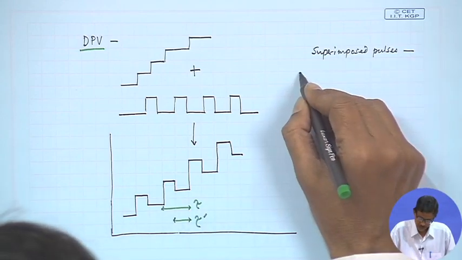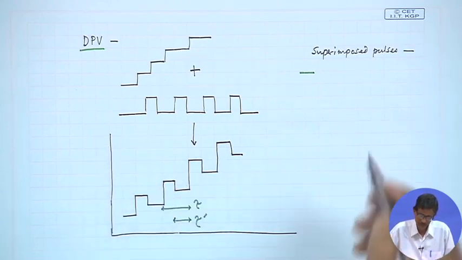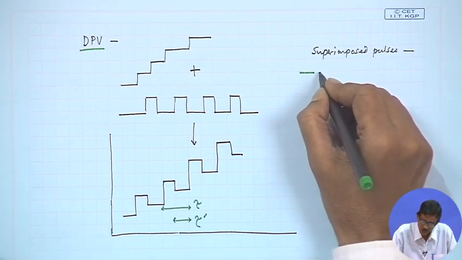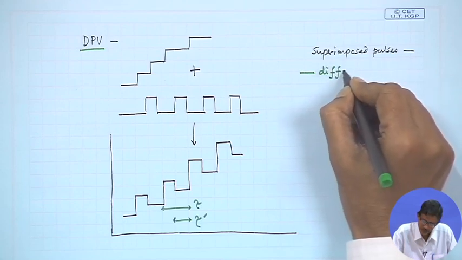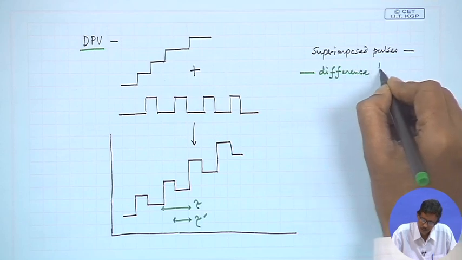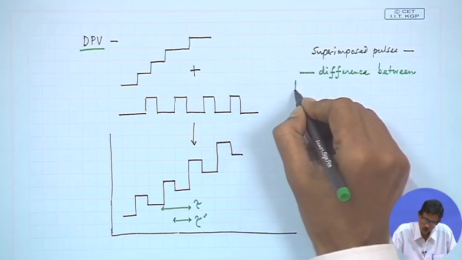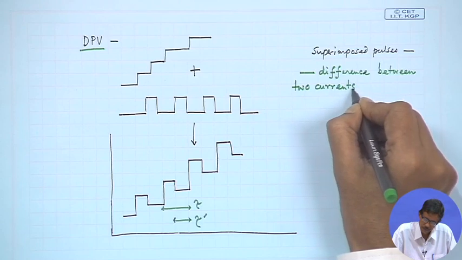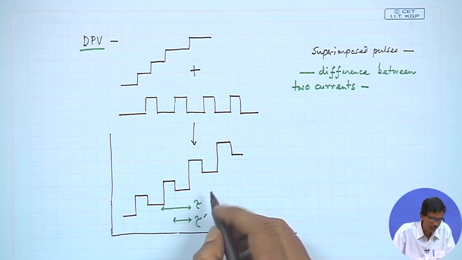We get the corresponding current responses, because this is the potential versus time axis. Whatever current responses we get are then plotted. We get the difference between two currents, and you have these pulses again.